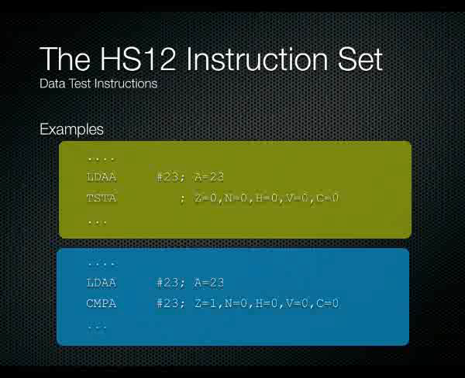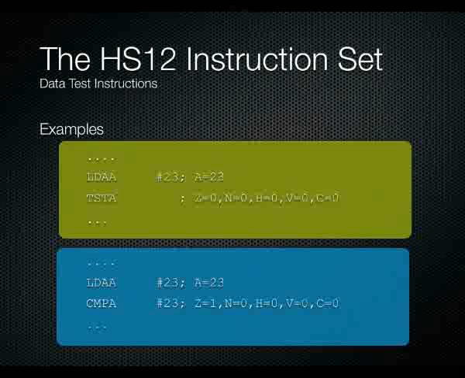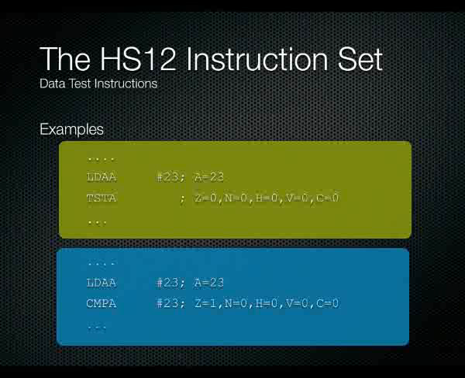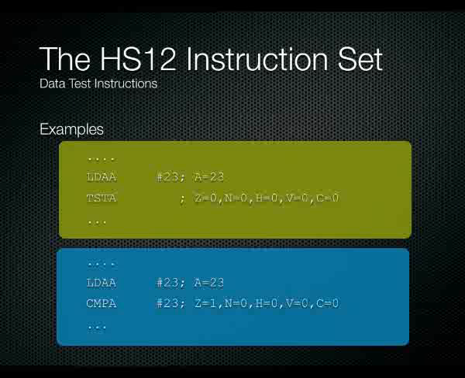It hasn't been involved in an operation that recently caused a half carry, so H is not set. We haven't tried to make a 2's complement number out of it that was too big, so therefore V is not set. And of course, we haven't just done an addition that caused a number greater than 8 bits to be created, so the carry bit is not set.